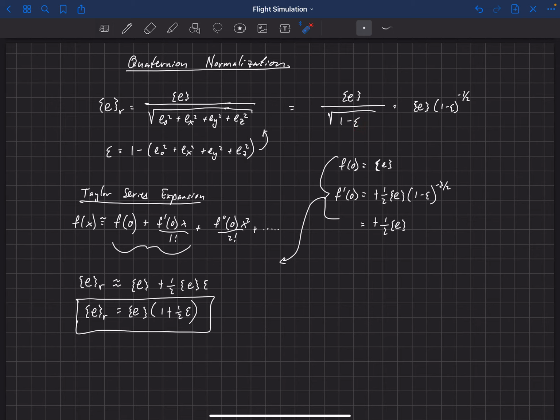But because epsilon is so small, especially if we're applying this every single time step, it turns out that this is really quite accurate. So this is a really nice way to handle renormalizing of the quaternion. Every time step, if you keep the errors small, you can use this equation to renormalize that quaternion.